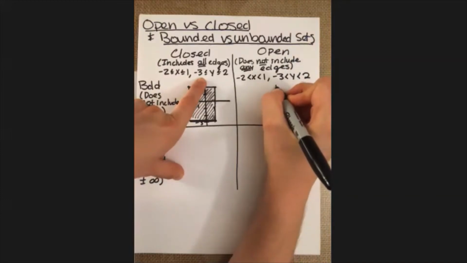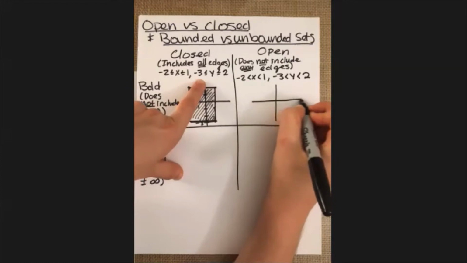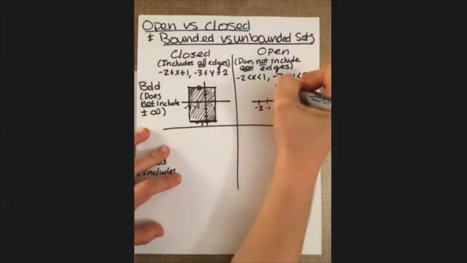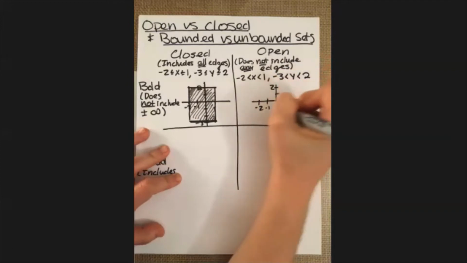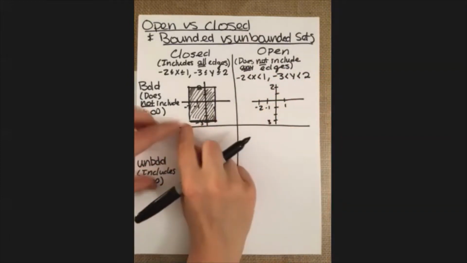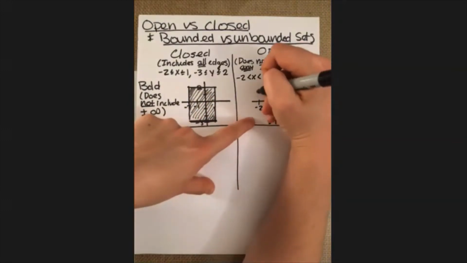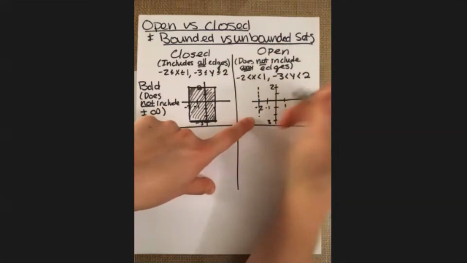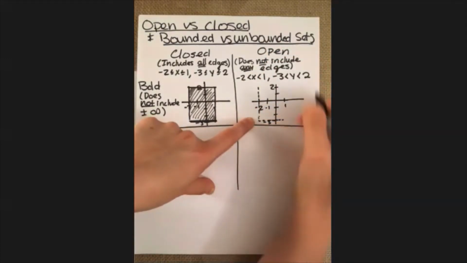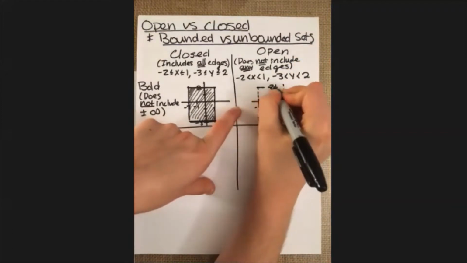So if we wanted to draw this one, this time, instead of using solid lines to denote our boundaries or our edges, we're going to use dashed lines at these places, -2, -3 here for y, and then a positive 1 for the other x boundary, and positive 2 for the other y boundary.